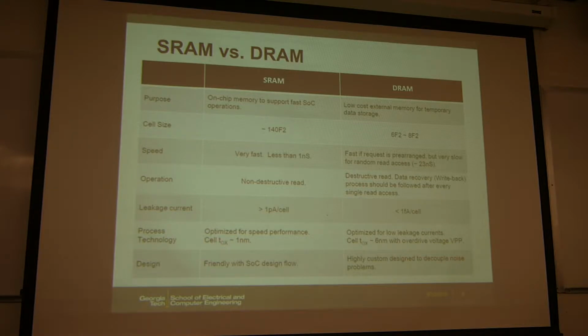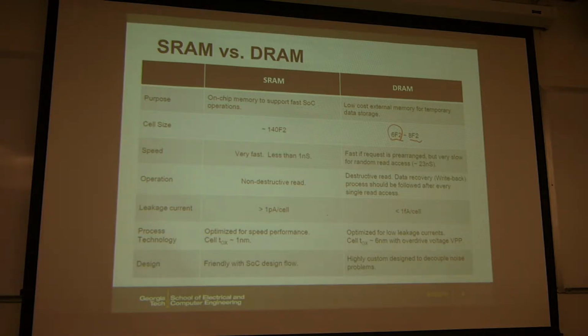And of course, if you size up the transistor W over L, then the cell size can be like 200 or even 300. But for the DRAM, it's quite compact. Here it shows 6F square to 8F square. We will see that for today's mainstream DRAM technology, it's always 6F square. This 8F square is some old technology, maybe 20 years ago. But today's DRAM, all of them will have this 6F square cell area. So it's much more dense than the SRAM. That's why you can have larger capacity.